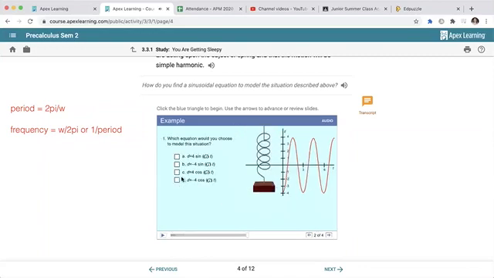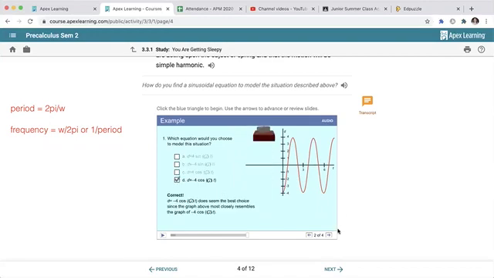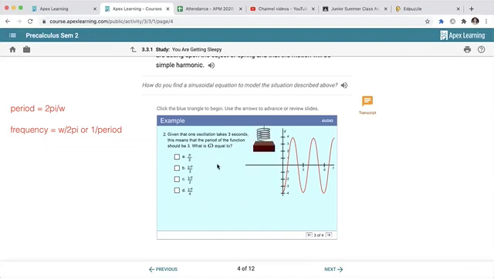So we found out again, cosine, awesome. The oscillation takes 3 seconds, so the period of this function should be what? It should be 2 pi over w, and our period there is 3.